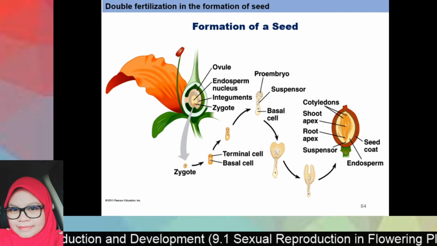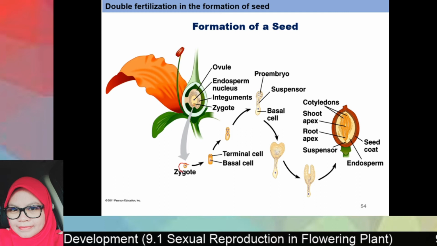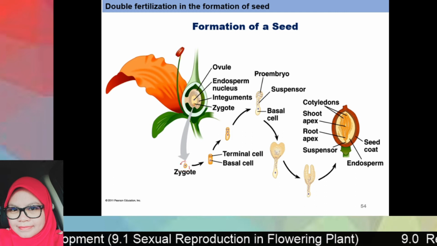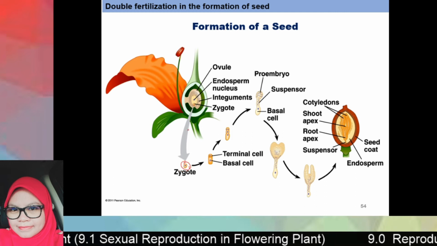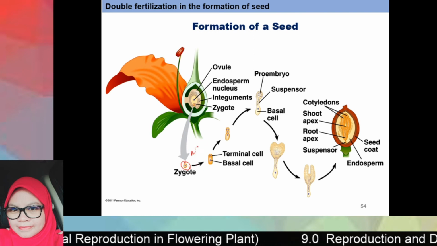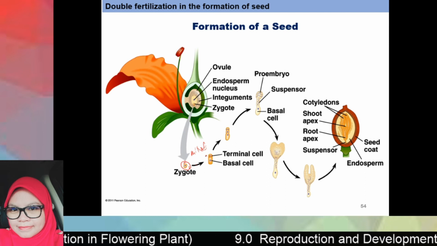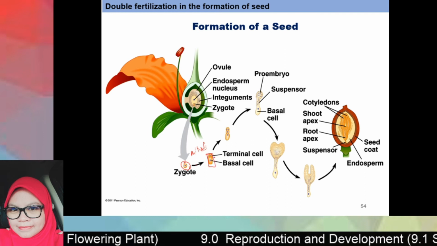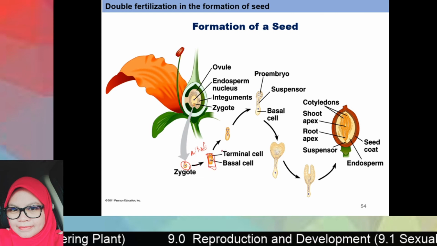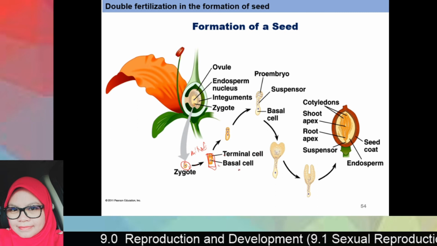Then formation of the seed, as you can see here, bila dah berlakunya fertilization, the zygote will form. The zygote then will undergo mitosis to produce a structure which consists of cells, yang ada terminal cell and basal cell.